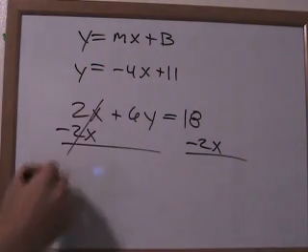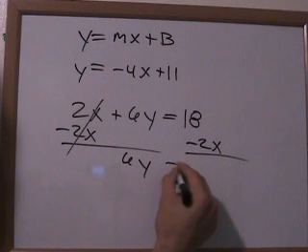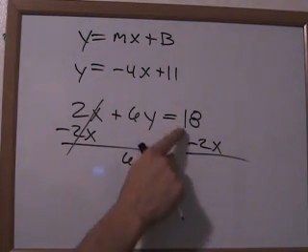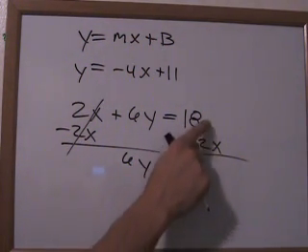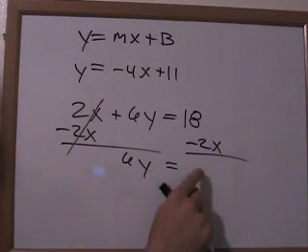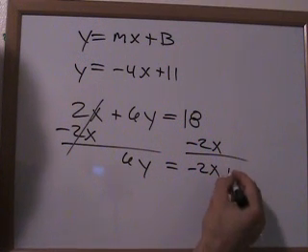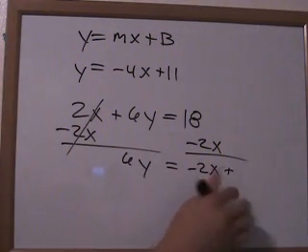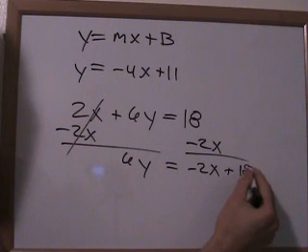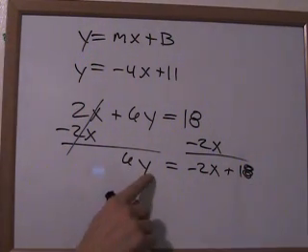So here these are gone, and this 6y falls down, equals, I can't really combine these, because this carries x's and this is just a number. Now let me take these x's, that's negative 2x, and I'll write it first. And then after that, I'll follow it by the 18, which is positive. Okay, so 18.